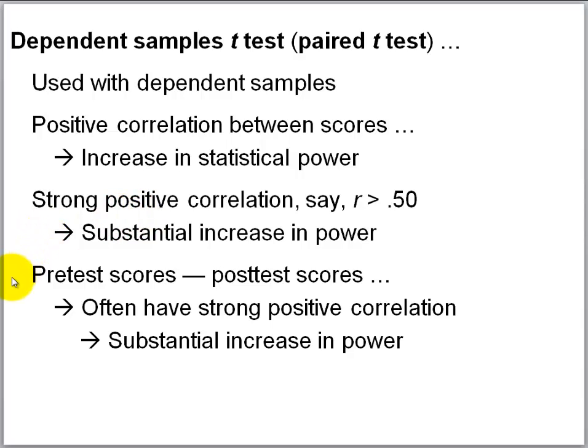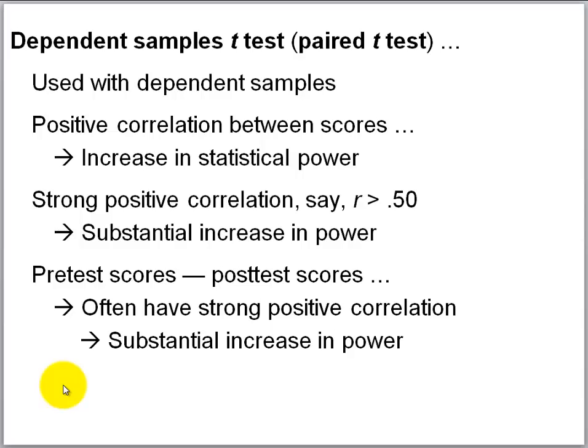Now think about pretest and post-test scores. Pretest and post-test scores often have strong positive correlation. And therefore, measuring both pretest and post-test scores and including them in analysis often increases your power. But to give you an intuitive feel for this, you have a group of people in therapy for depression.